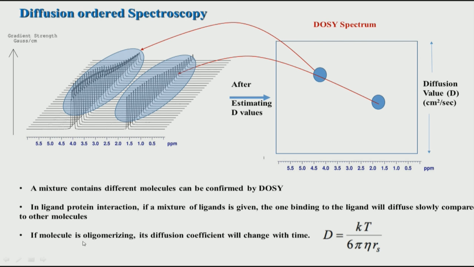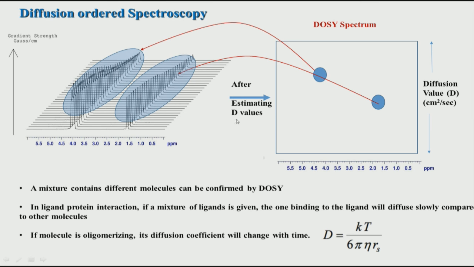Now, if the molecule is oligomerizing, let us say a molecule is becoming a dimer, a trimer or a tetramer and so on, it becomes a bigger and bigger molecule, and therefore its diffusion will slowly reduce.